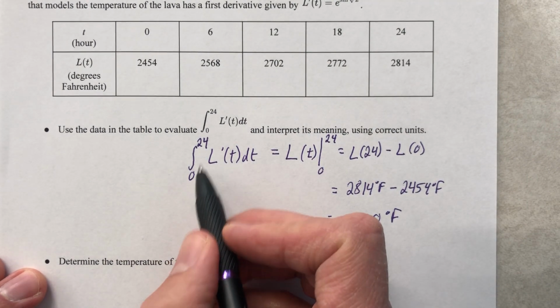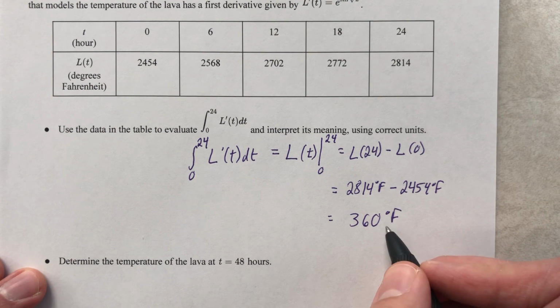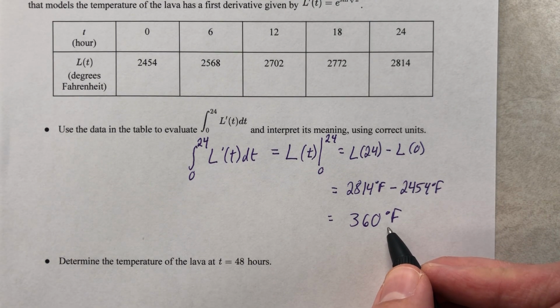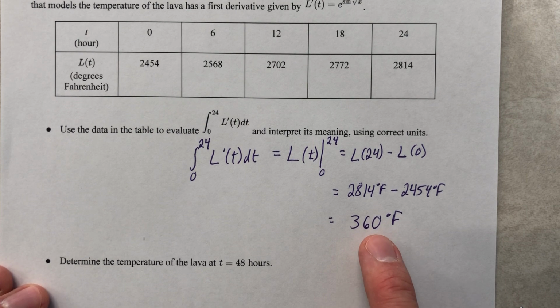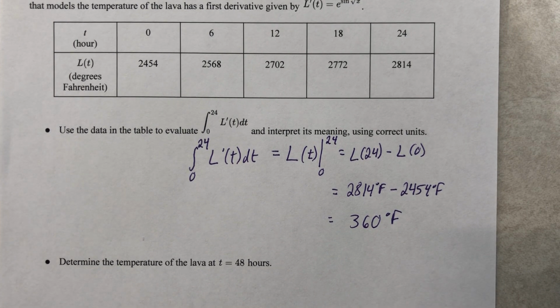For the first 24 hours, the temperature of the volcano increased, because this is positive, by 360 degrees Fahrenheit. I'm going to write that as a sentence.